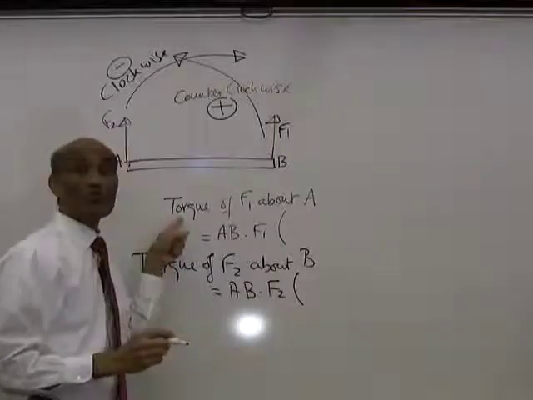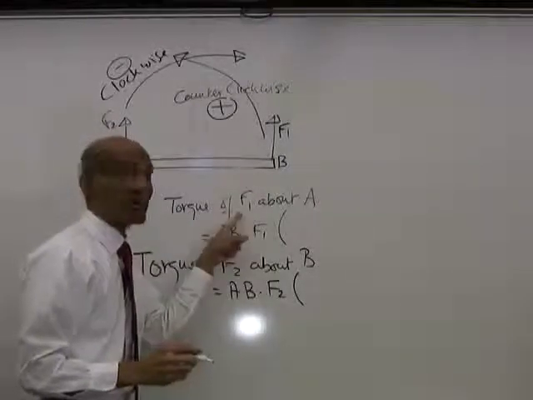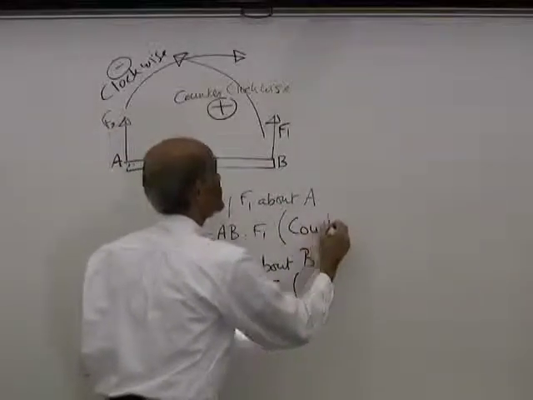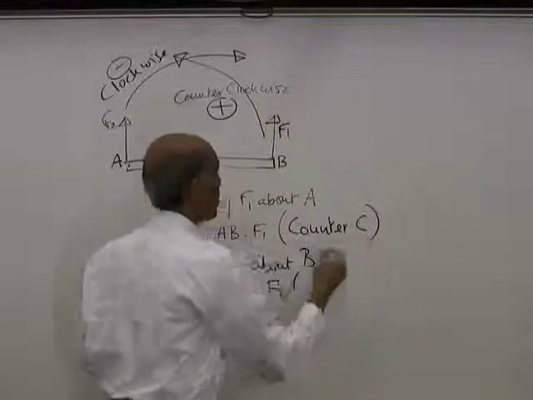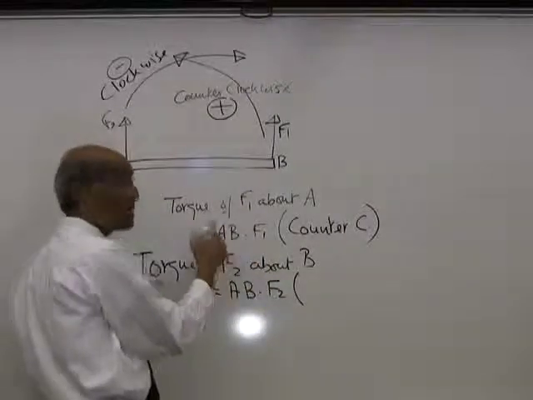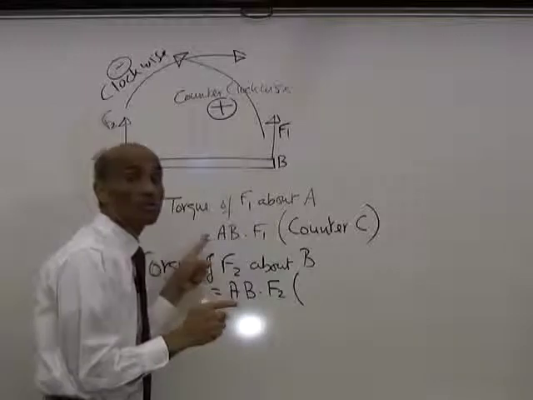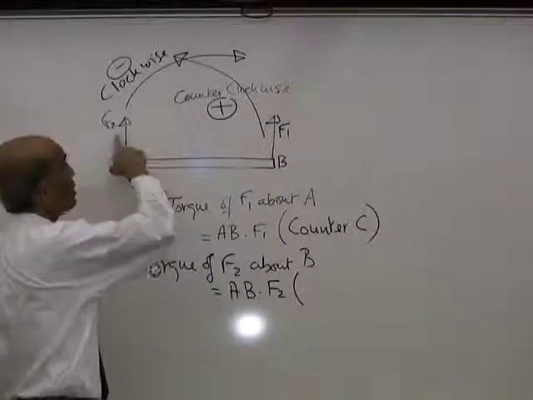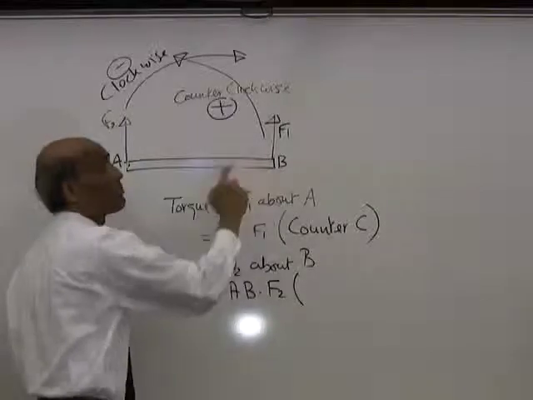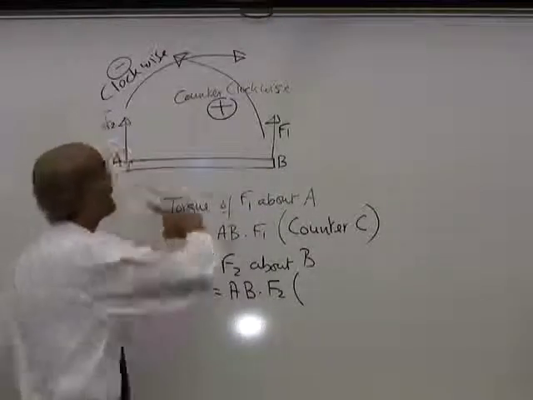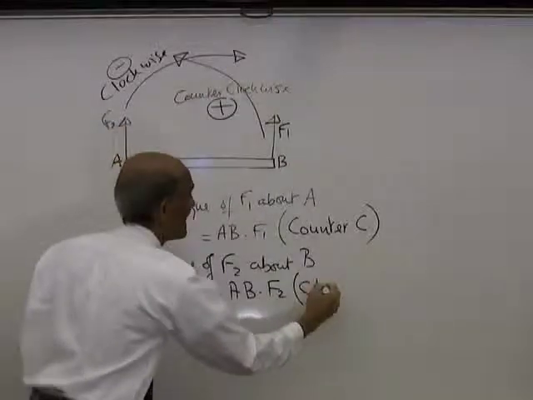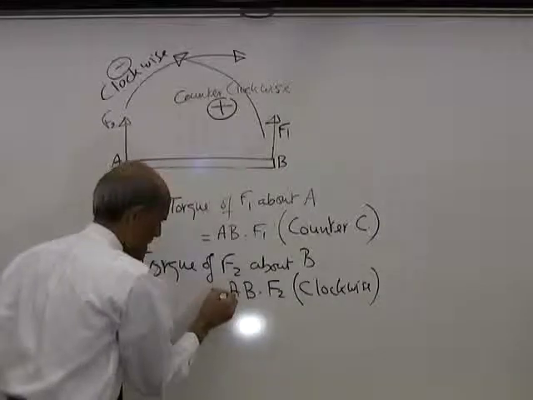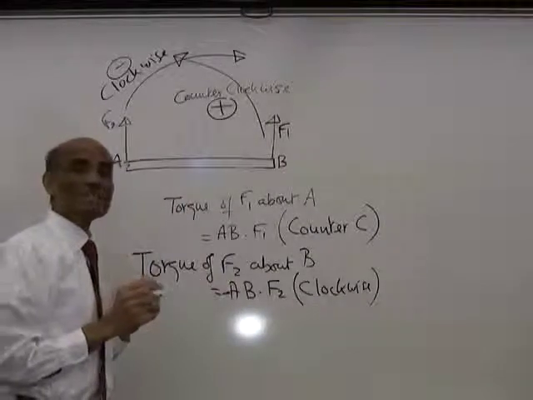So the torque of force F1 about point A is a counterclockwise torque. Therefore, it will be positive. If I don't put a sign there, it means it is positive. Whereas the torque of F2 about point B will be a clockwise torque, and that will be negative. So I will now use the negative sign.